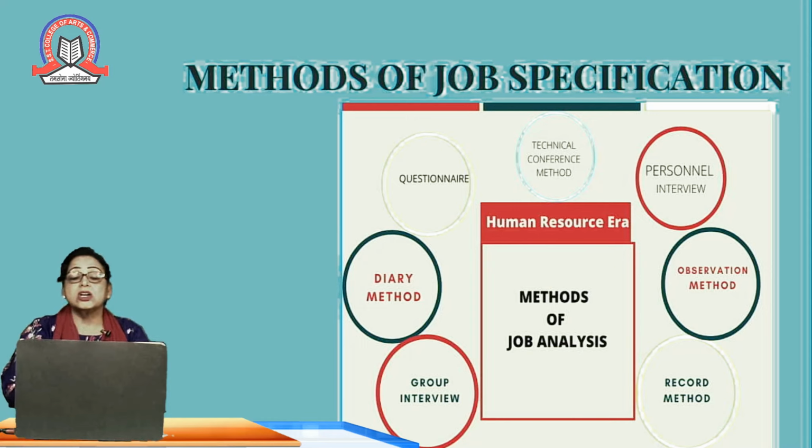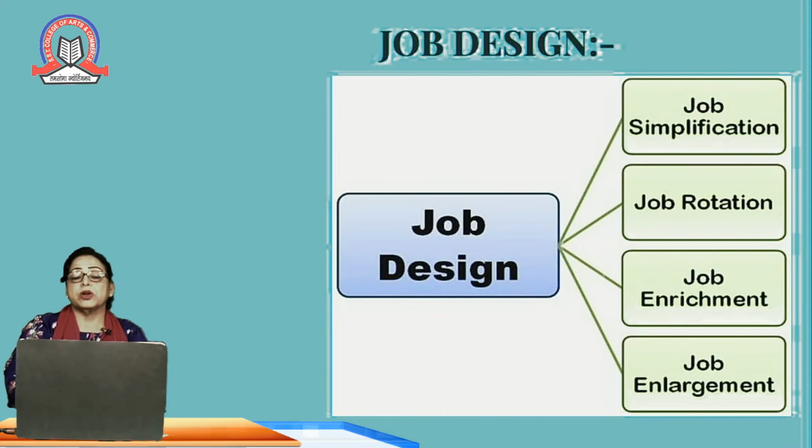We can take their group interviews, so that how actively they perform in groups or in teams is observed. Another is observation method, the simplest, the oldest, and the natural method. And then is record method, keeping records of people, what they did, what they were supposed to do, and a complete job record.